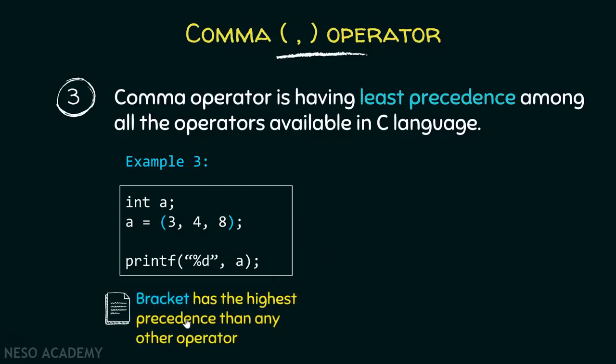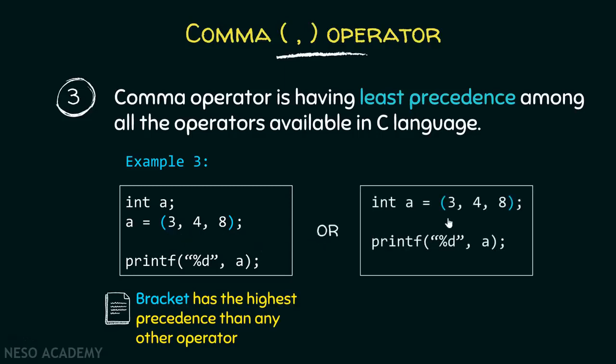Brackets have higher precedence than any other operator, therefore this will get evaluated first and then after that assignment operator will be evaluated. We can also write this program in this way as well, and there is no problem. It will not produce an error because comma operator here will be treated as an operator and not a separator because of the brackets. Therefore, the final output of this particular program is 8.